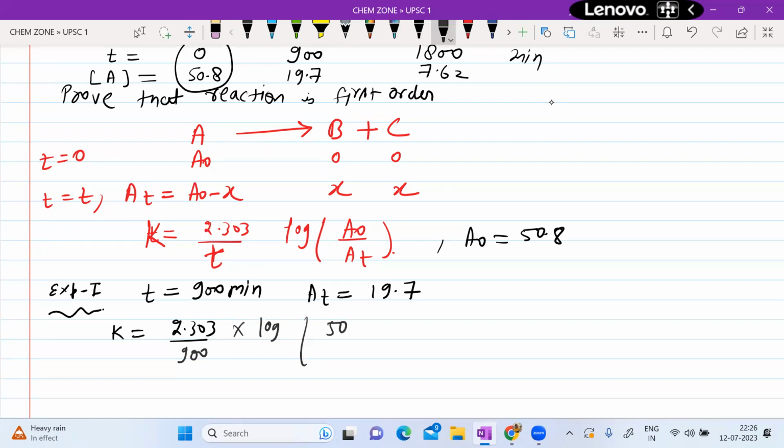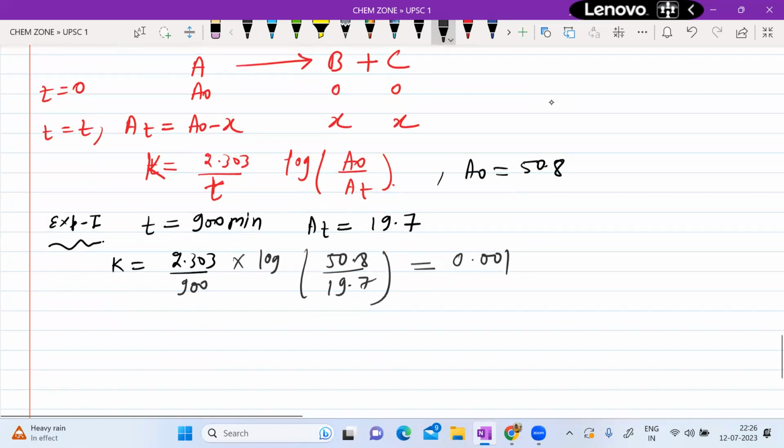Value of A naught is 50.8. We can use a calculator during the exams. So I'm directly taking this value as 0.001, which comes after the calculation, which suggests the value of the rate constant, not per second, as time is given in minutes.